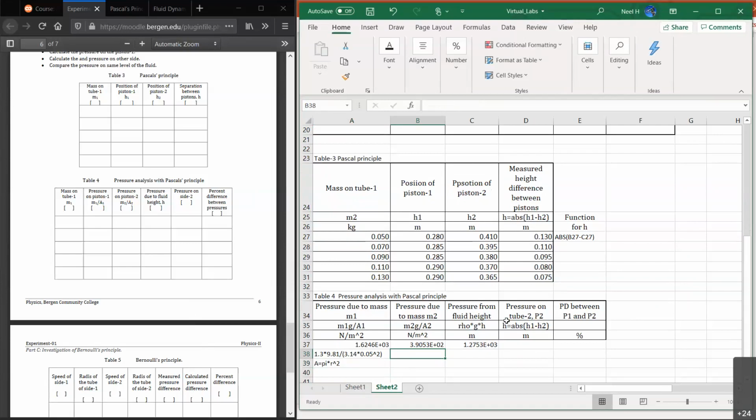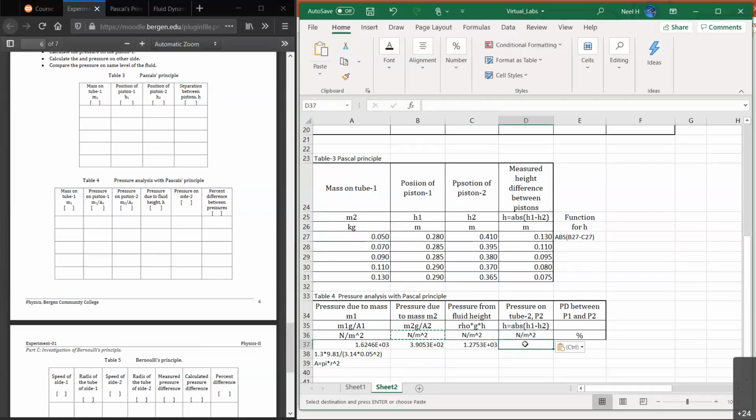Pressure from fluid of height, and then pressure on tube 2. Now pressure on tube 2 is actually the addition of these two, right? So the unit has to change here. The unit should be Newton per meter squared. So make sure you adjusted the unit correctly.